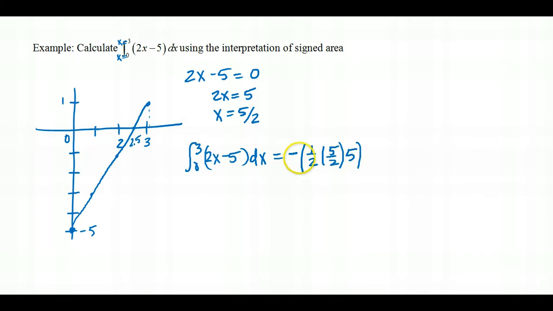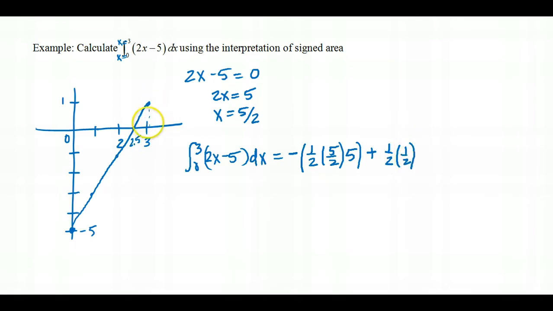So now I know the area below the x-axis is given by negative 1/2 times 5/2 times 5. And then I need to add the area above the x-axis. So plus, now this base here of this triangle is 1/2, because between 2.5 and 3 is 1/2. So we have 1/2 base, which is 1/2, times height.